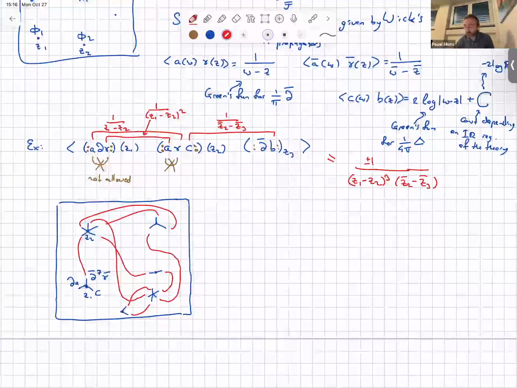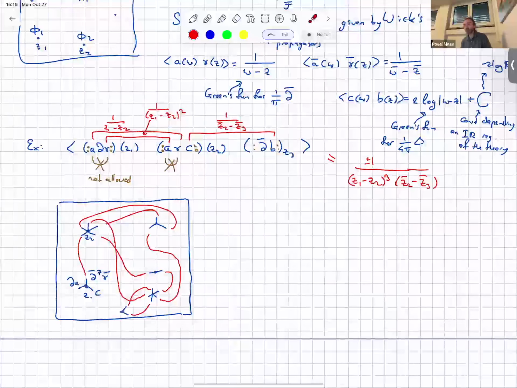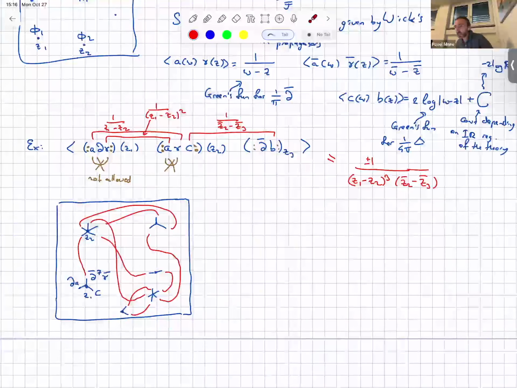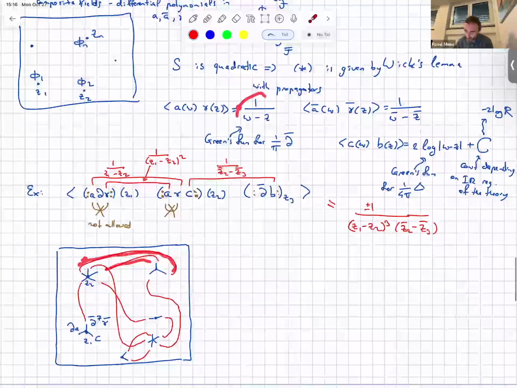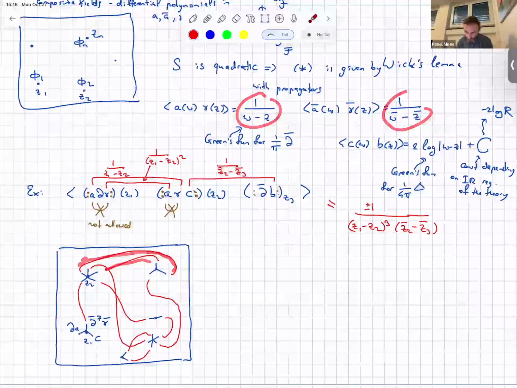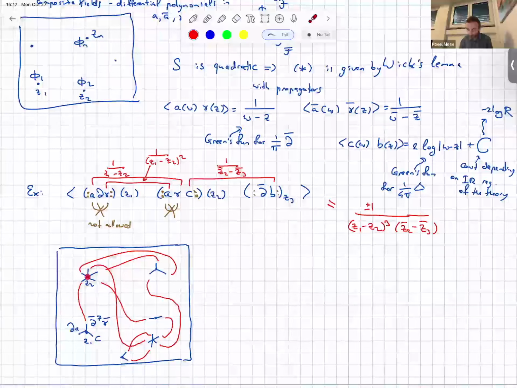So computing a correlator is just a sum over pairings, right? A sum over ways to pair these leaves. And for each such pairing, for each edge here, I would write the corresponding propagator or its derivative if there were derivatives here. And this will give me some sort of expression in terms of the coordinates of these points. So this was just a simple example.